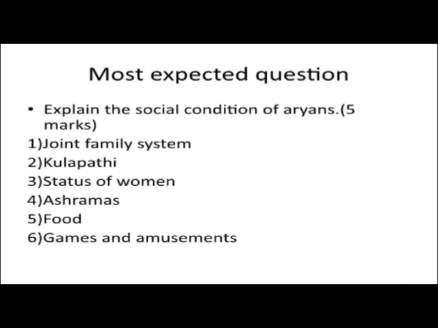These were the food products consumed by Aryans. And finally, the games and amusement of Vedic people: gambling, horse racing, chariot racing, dancing and music, etc. You can pick any 3 and write.